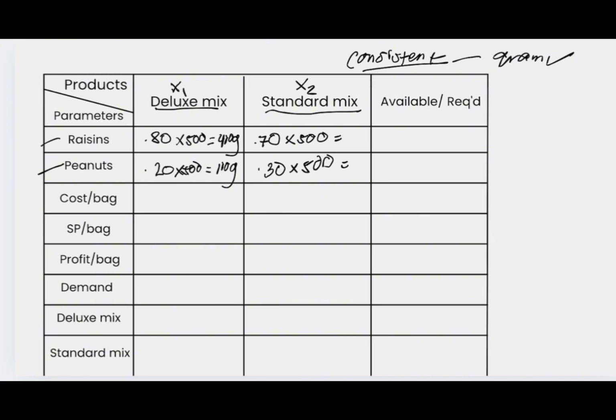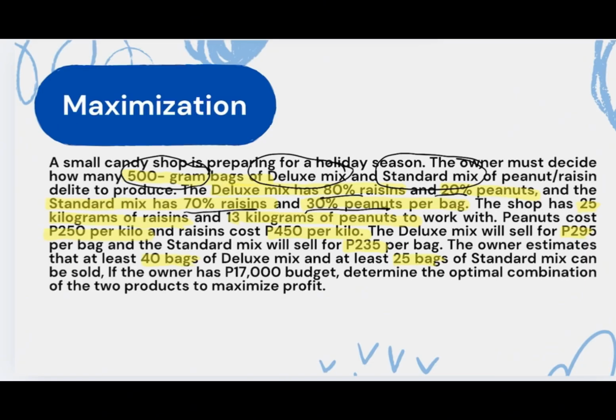0.70 times 500 is 350 grams. And 0.30 times 500 is 150 grams. So this is our new raisins and peanuts per mix. And the problem says the shop has 25 kilograms of raisins and 13 kilograms of peanuts.